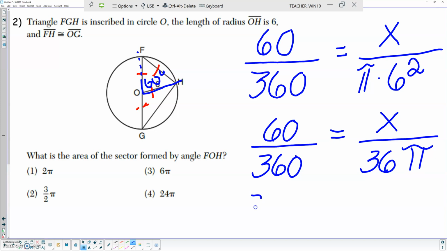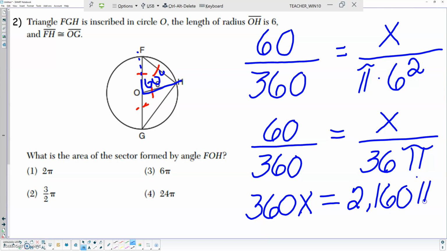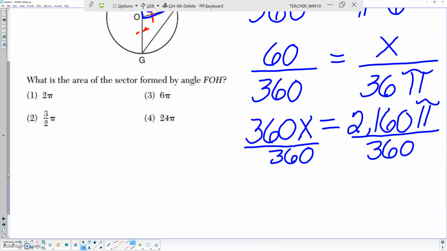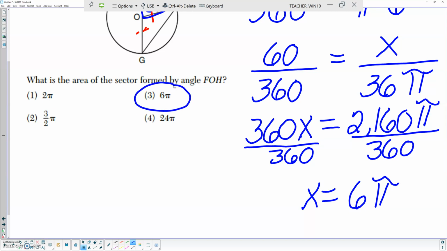If we cross multiply, we're going to get 360x equals 60 times 36 is 2,160. Then we divide both sides by 360 to get x by itself. 2,160 divided by 360 actually works out nicely. That's going to work out to be 6 pi. So that's answer choice 3.